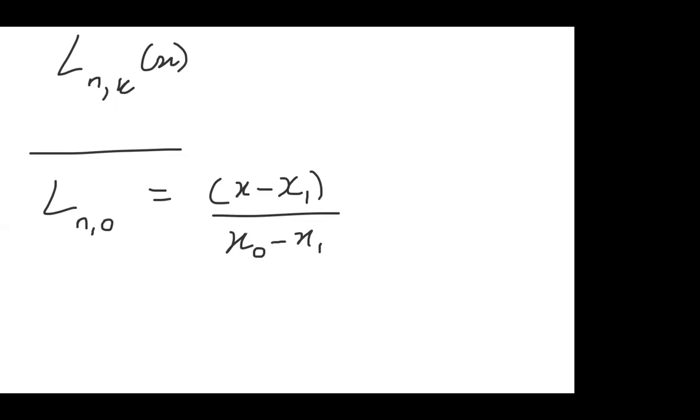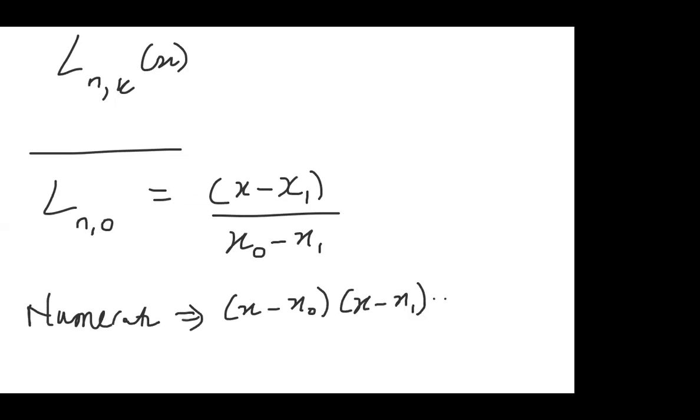So in order for us to construct L_nk(x), we need to have, in the numerator, the product of those linear factors. So we're going to have x minus x0, for example, x minus x1, and so on, but we won't include the one at x equal to xk.